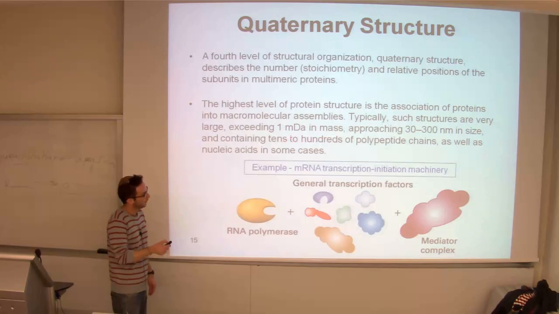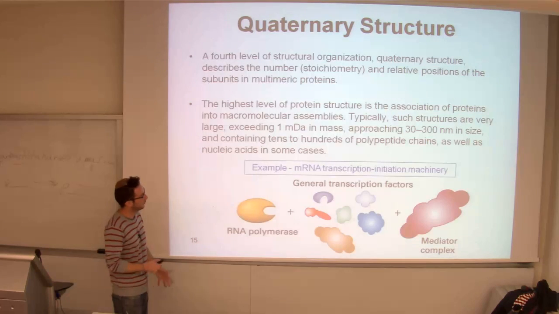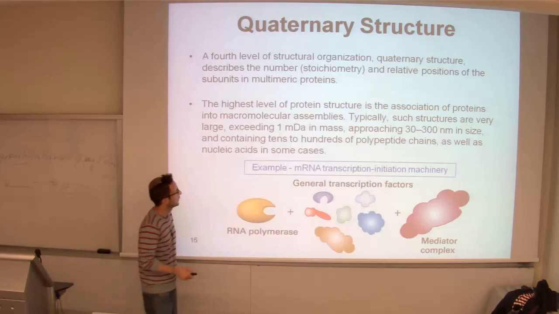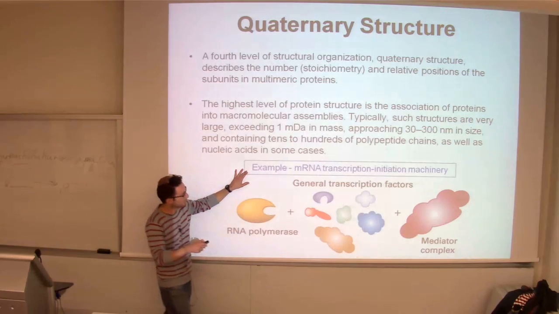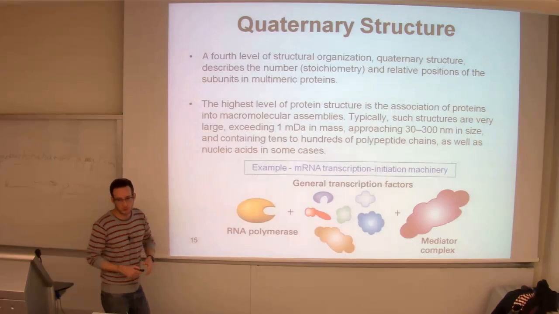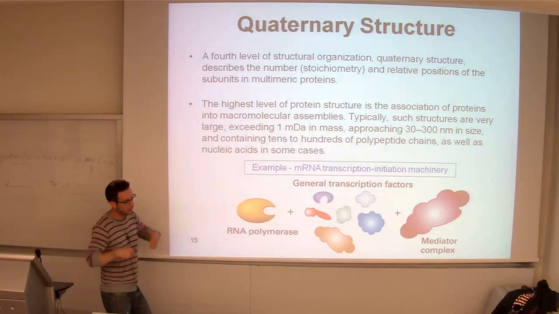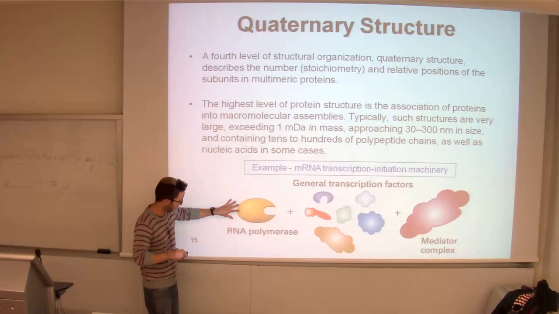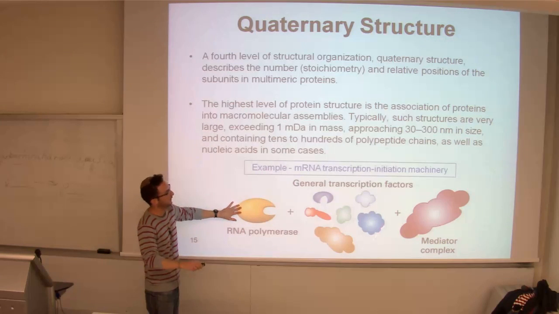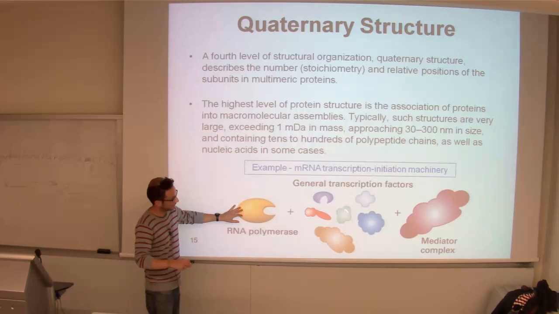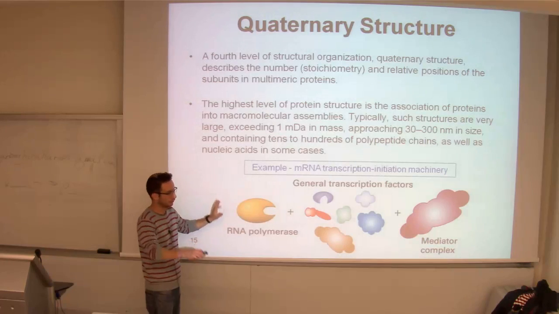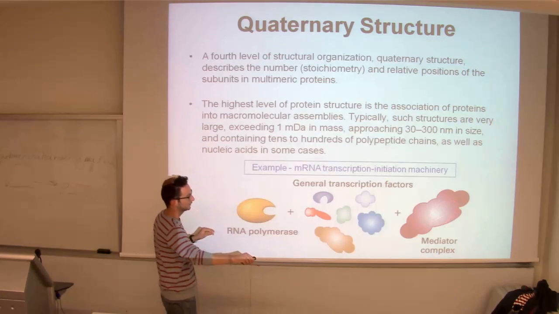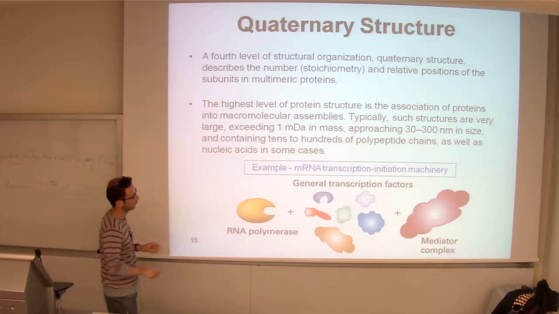Again, this will be very big, unsurprisingly very big proteins in mass and in size. Here is an example, the mRNA transcription initiation machinery. It's not a protein, but rather a protein complex, or a machinery, that is built of one protein called RNA polymerase, general transcription factors, each of which is a protein, and another bunch with a very general name, the mediator complex, something that glues the whole thing together.